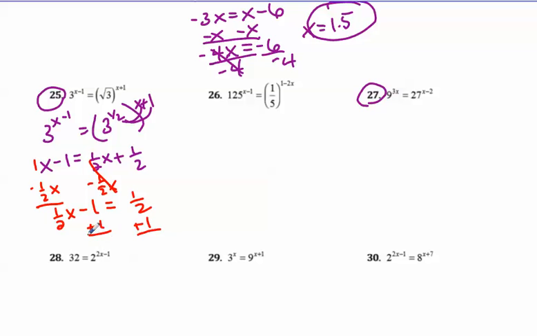So we get this 1/2 x. These cancel. And 1 is the same as 2/2, so 2/2 plus 1/2 is 3/2. So I have 1/2 x equals 3/2. And if I multiply by 2 on both sides, that will cancel this out, and that will cancel this out. So I get x equals 3.